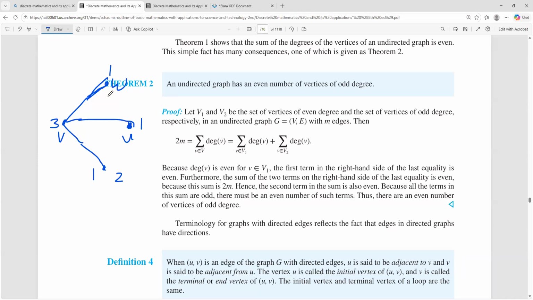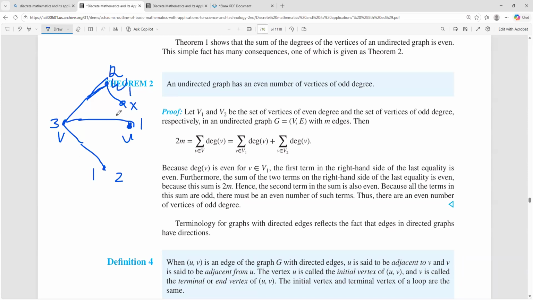Once again, why is this the case? Firstly, every edge needs to connect two vertices. So say I create this vertex right here, W becomes even. But then I introduce a new vertex, let's say this is X, and now that's odd.